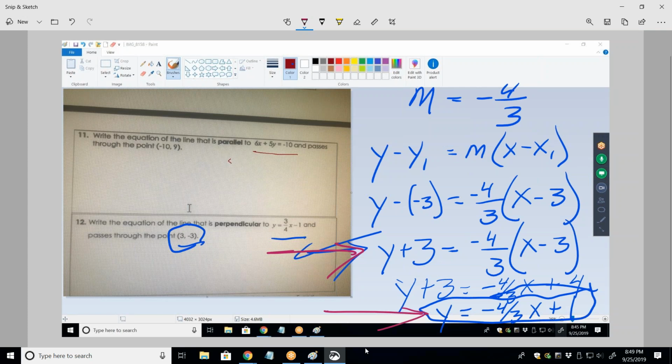The top one is in point slope format. The bottom one is in slope-intercept format. And you can see the advantage of slope-intercept format: you know immediately how to graph that bottom one. Whereas this one right here is the same thing, but it's harder for me to graph because I don't know immediately where to start.